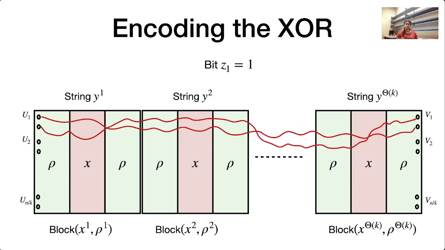If this bit was 1 instead, the first vertex of u1 is going to be connected to the second vertex of v1, and the second vertex of u1 is going to be connected to the first vertex of v1. The path connections between these groups is going to be switched. So this way, every pair again, u2, v2, u3, v3 and so on, encodes one specific bit of this string z. Now that we have this, let's see how we're going to get the actual MVC instance out of it.